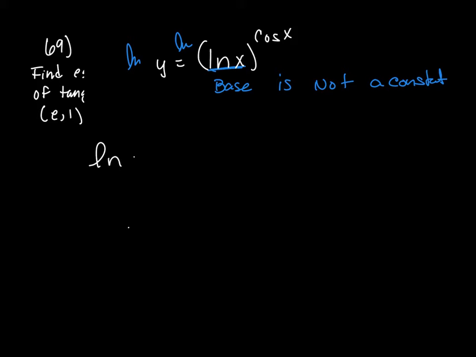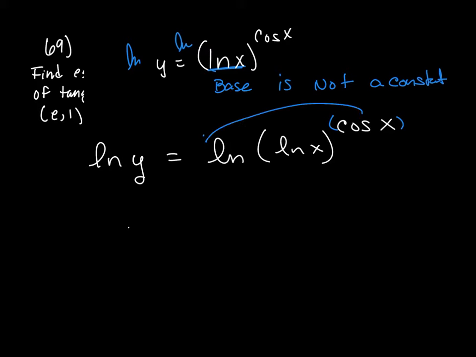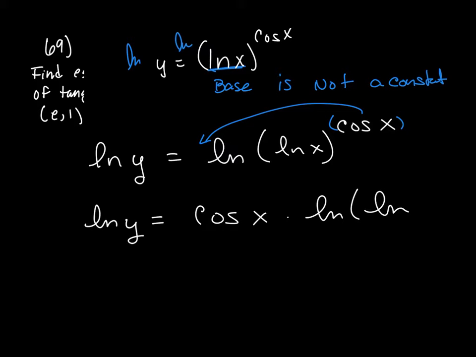But now I have the natural log of y is equal to the natural log of the natural log of x to the cosine of x. Now, because it's natural log, I can take all of this and pull it out front, which now gives me the natural log of y is equal to the cosine of x times the ln of the ln of x.